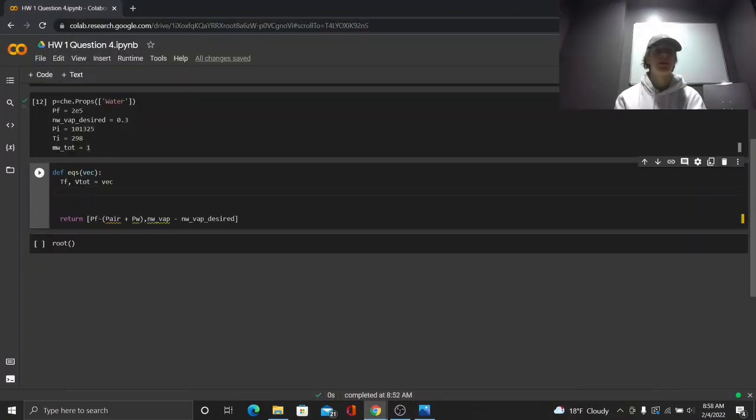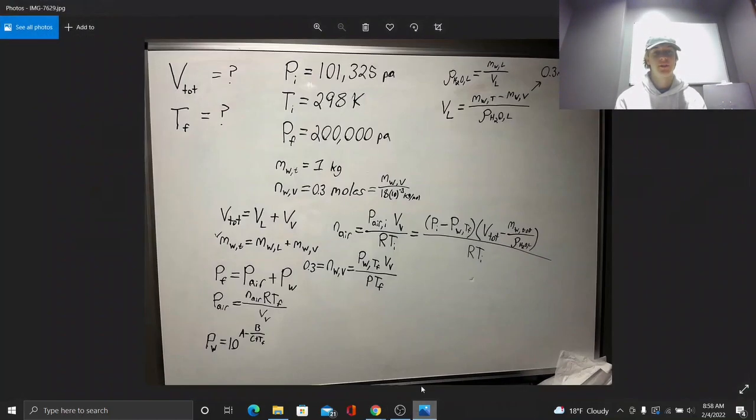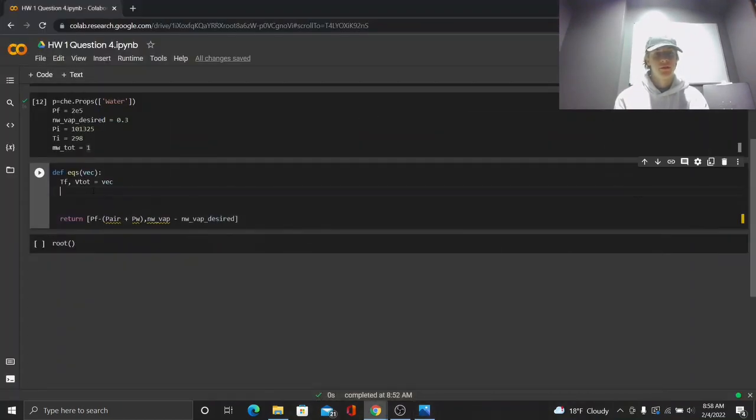Now our goal is to get from these unknowns to our two equations. To start off, I'm going to enter this moles of air equation right here.